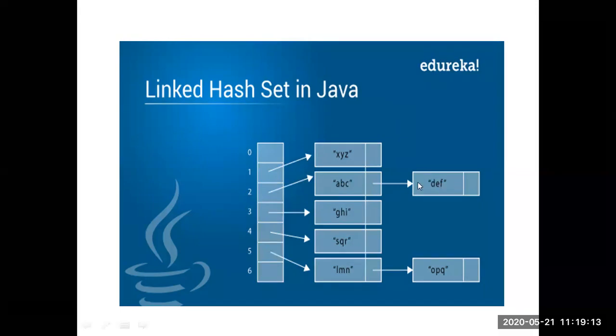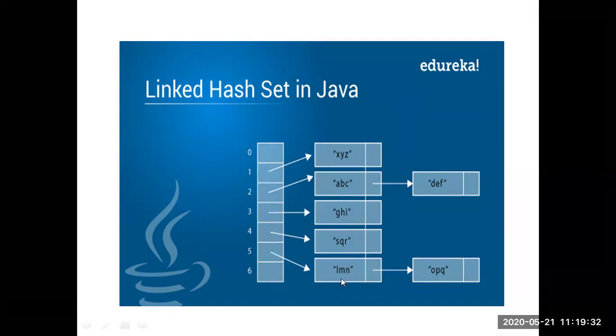Internally it will implement a linked list, a single linked list. So it is storing those 2 elements in the same bucket by using the concept of linked list.